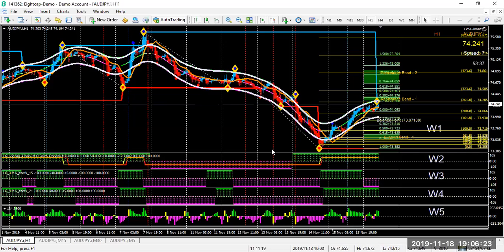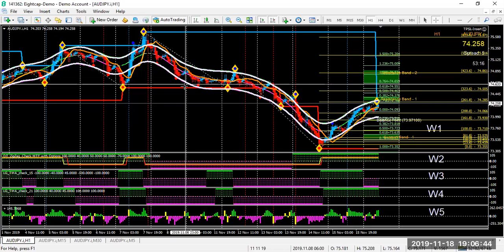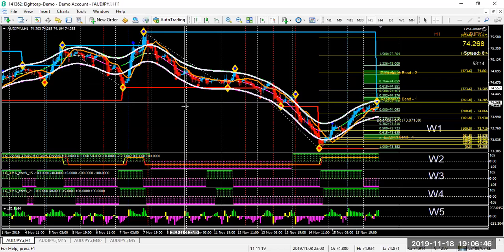So that's what window 2 is, bringing pip harvesting back into it, and allowing you the confidence to know that any trade you've taken up here will want to come to here and even more.